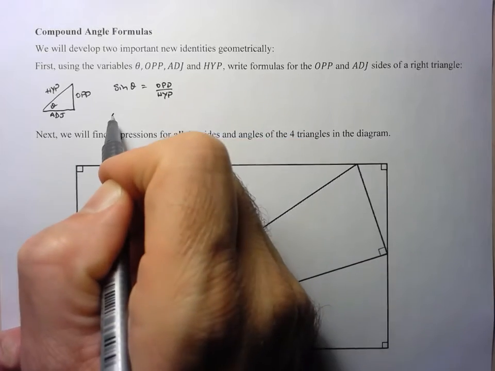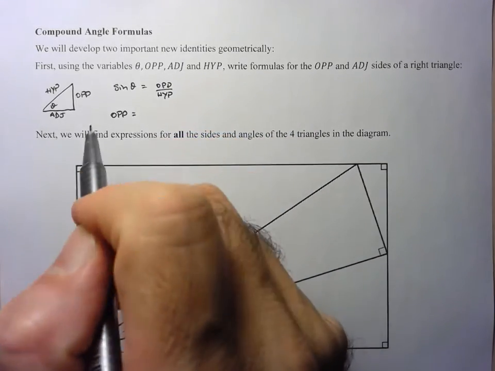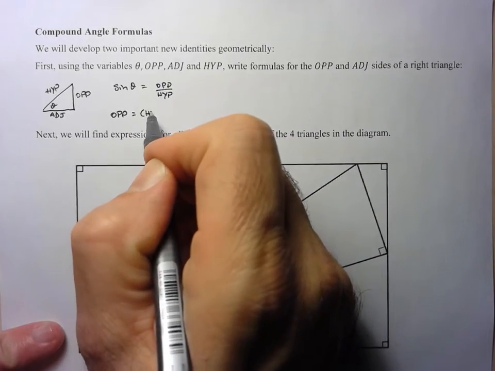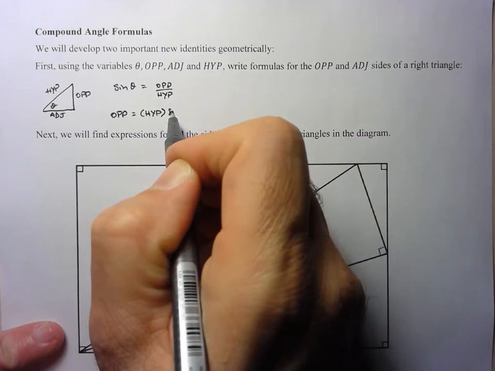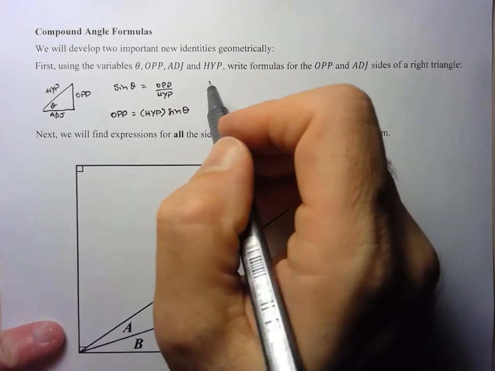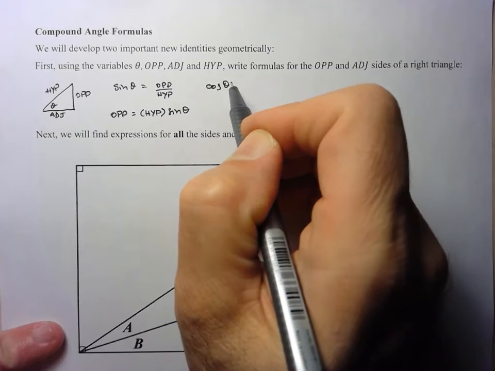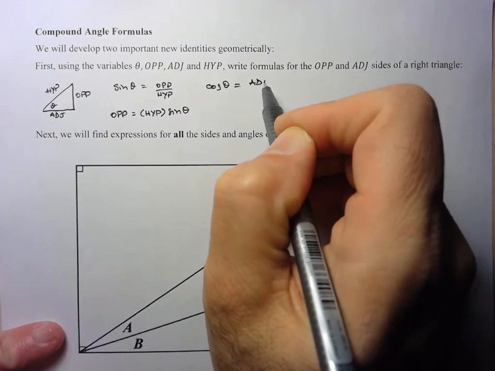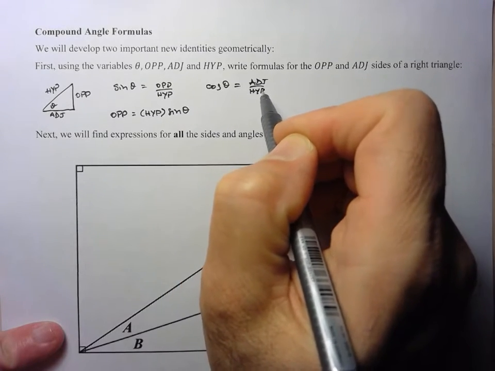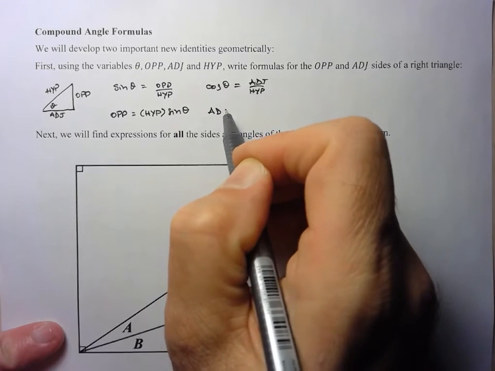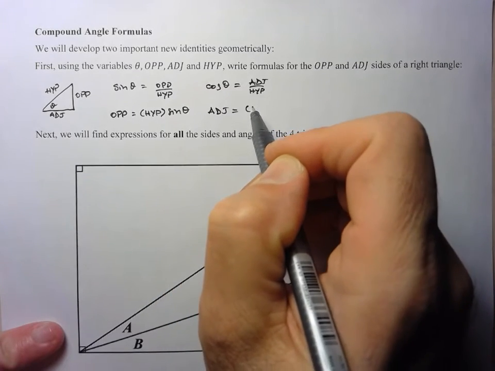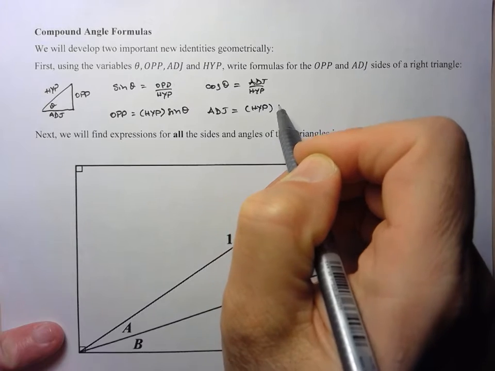So that means that the opposite side can be written as the hypotenuse times sine of theta. And if we take cosine of theta, that's adjacent over hypotenuse. And so we can write a formula for the adjacent side as the hypotenuse times cosine of theta.